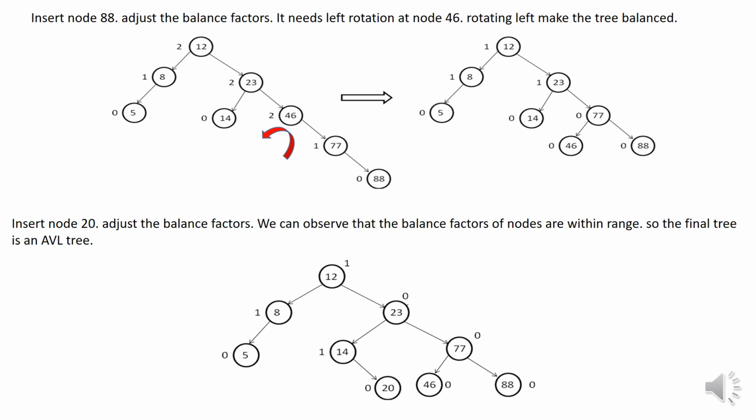Rotating node 46 to its left makes the tree a balanced tree. Then insert node 20. After insertion of node 20, adjust the balance factors. We can observe that the balance factors of nodes are within the range after insertion of 20. So the final tree is an AVL tree.